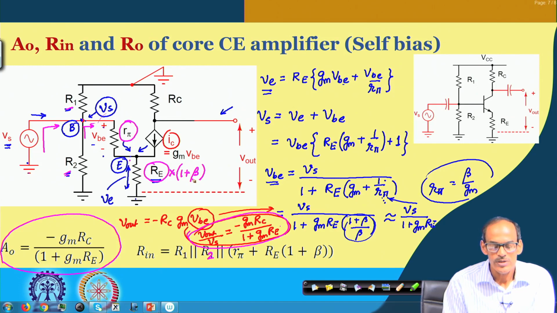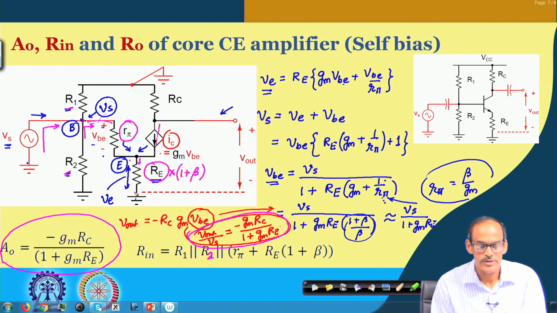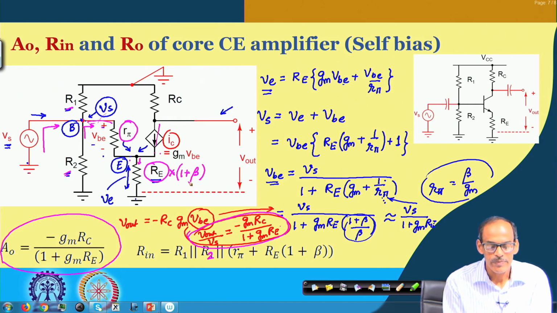Okay. Why 1 plus beta? That is because in case we are stimulating this circuit with a current IB, then the current flowing through this collector is beta times that IB. So, the total current flowing here is 1 plus beta into IB. As a result, the drop across this RE will be IB multiplied by 1 plus beta into RE.